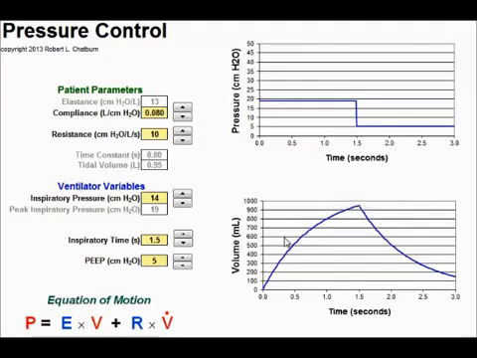It went up from 700 to close to 1,000, so we had over a 200 cc increase. And this is during pressure control ventilation. So in pressure control ventilation, when there are increases in compliance or decreases in resistance, you're going to have increases in your tidal volume. And this increases risk for the patient for hyperventilation and air trapping.